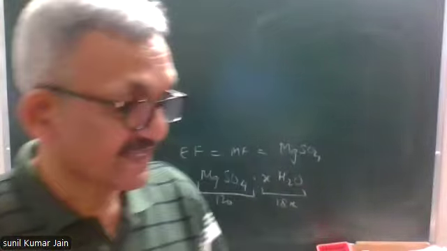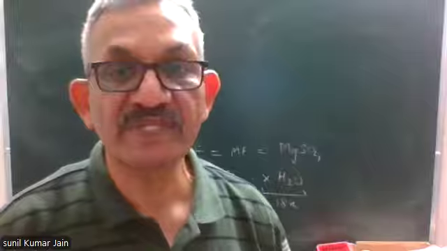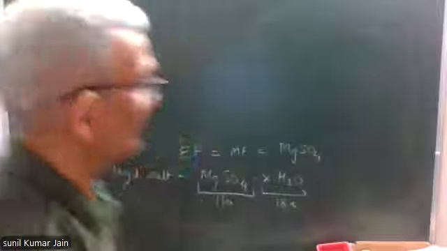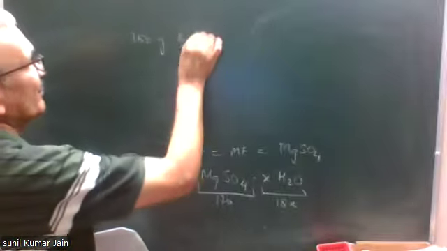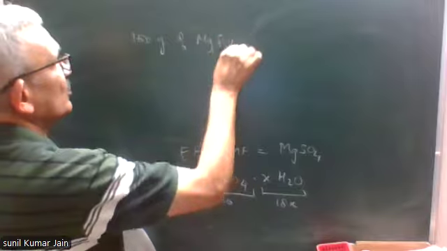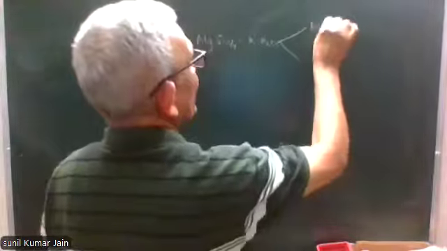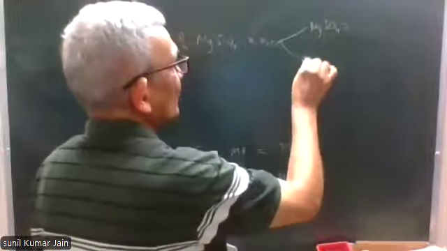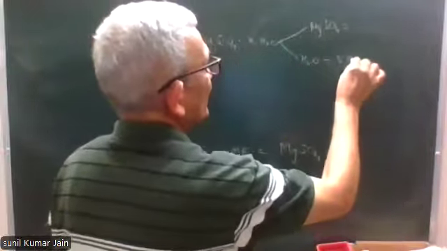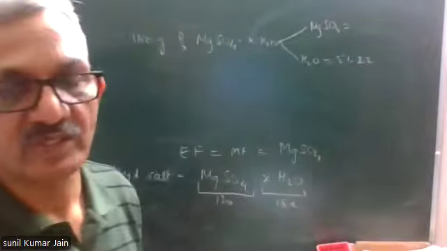Now, it is given that the hydrated salt lost 51.22% of its weight on heating. So 100 grams of MgSO4·XH2O contains MgSO4 equal to, and water is given, 51.22% is loss in weight.